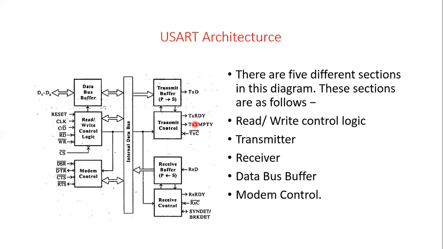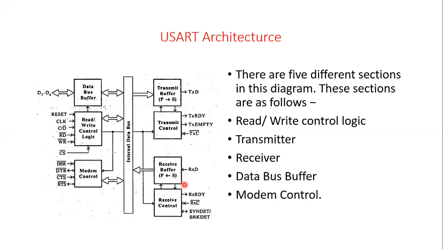It can be used either to interrupt the MPU or indicate the status. This signal is reset when the data byte is loaded into the buffer. Then TX empty, TXE or TXEMPTY. This is an output signal. Logic 1 on this line indicates that the output register is empty. This signal is reset when the byte is transferred from the buffer to the output register.